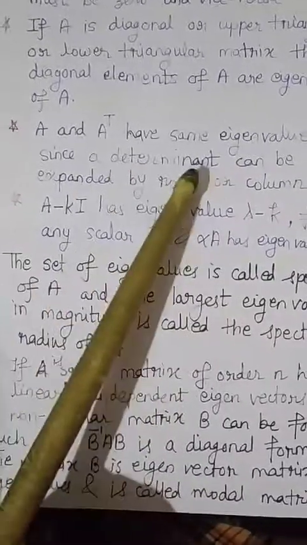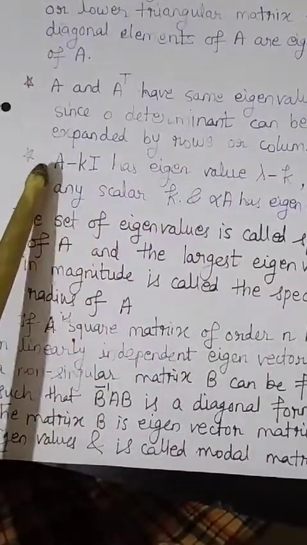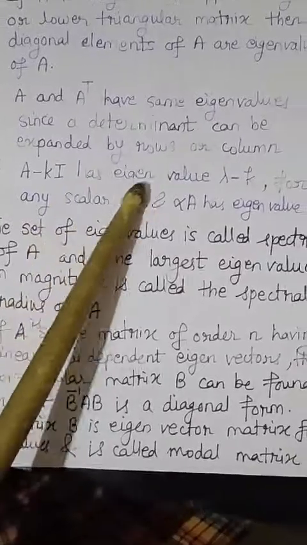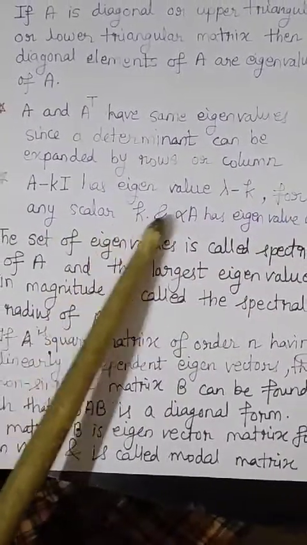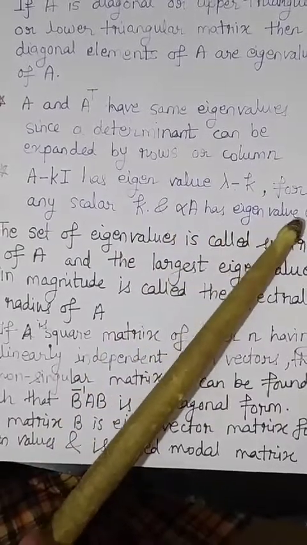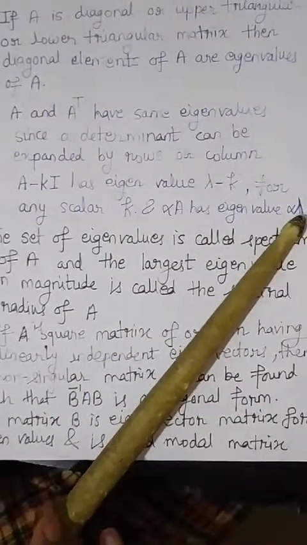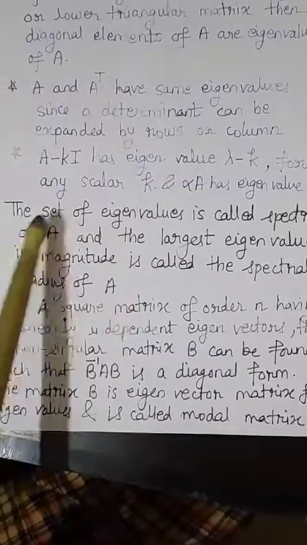Then A minus kI has the eigenvalues lambda minus k for any scalar k, and alpha A has the eigenvalues alpha times lambda.